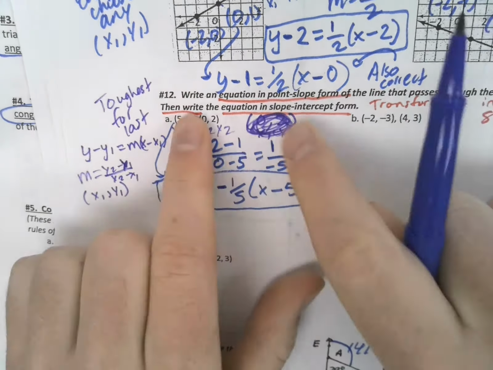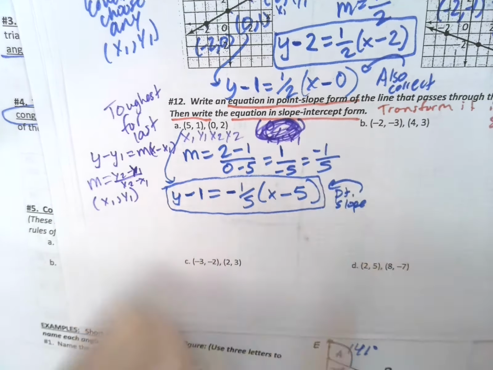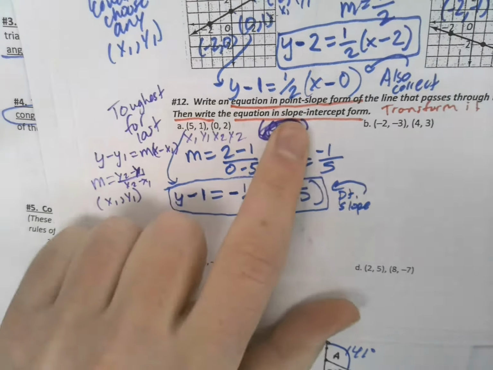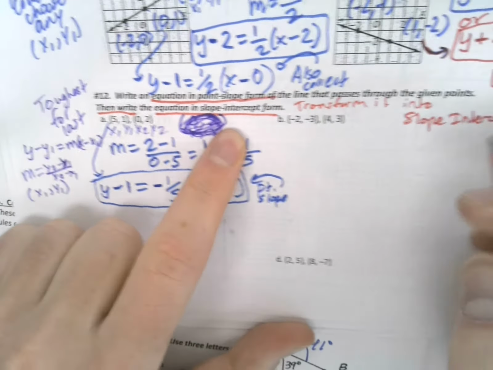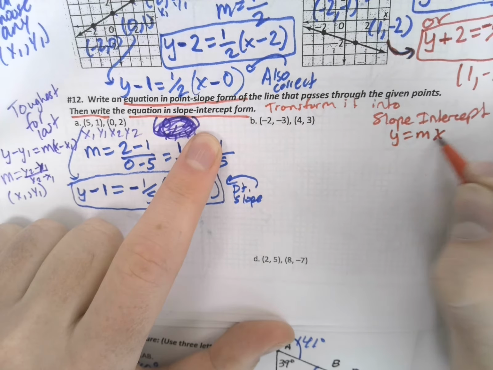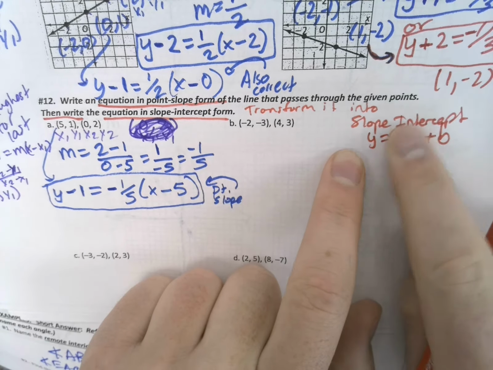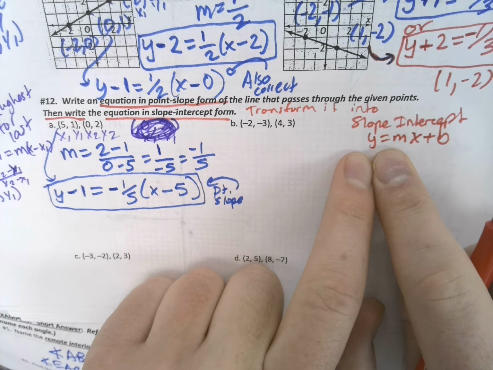But here's the problem. Then write the equation in slope intercept form. Okay. We know slope intercept form. That is y equals mx plus b. You notice how this form has the y by itself?